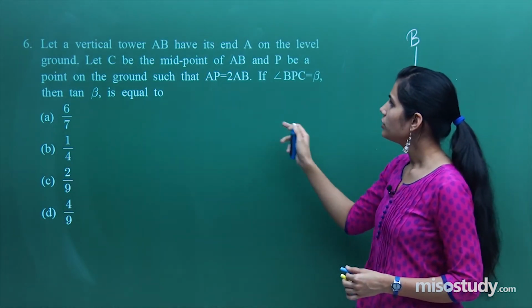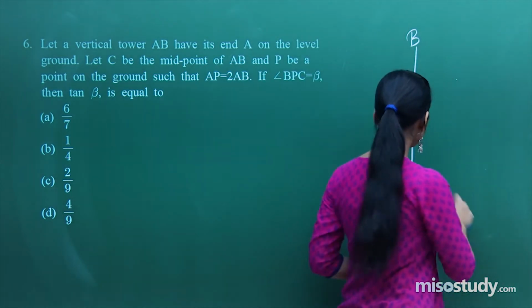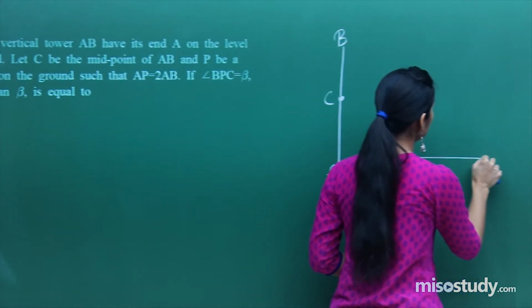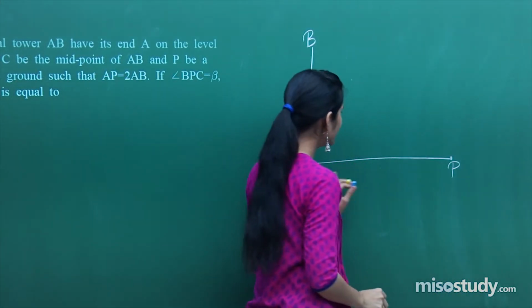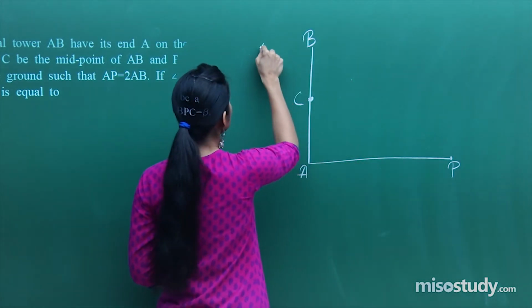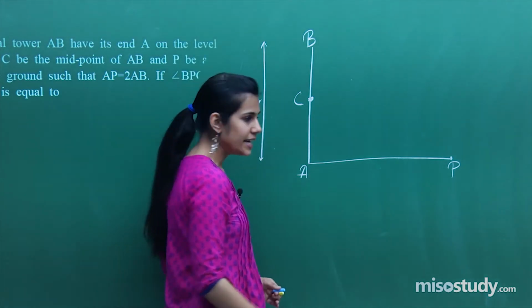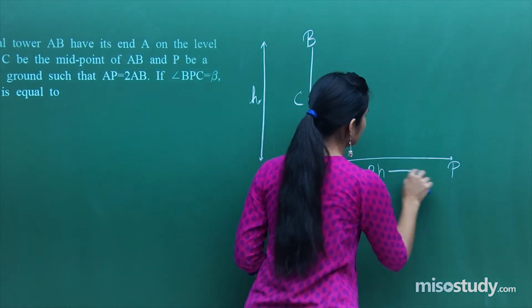And P be a point on the ground such that AP is twice of AB. So A is already on the ground level, and somewhere P is on the ground such that AP is twice of AB. Suppose AB is H, then AP is 2H.